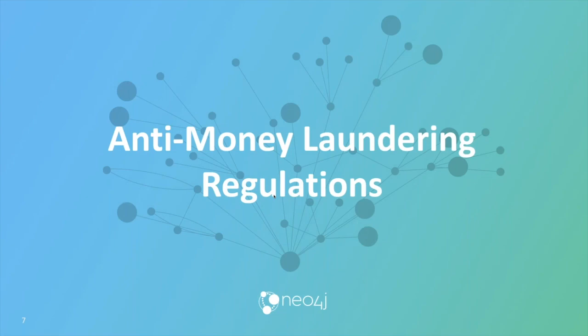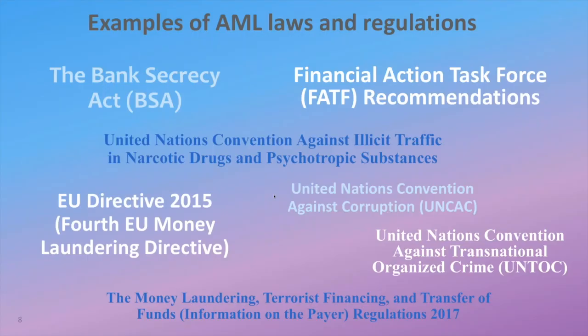So we'll take a quick look at some regulations. Some of them are quite country specific, like the Bank Secrecy Act, which is a U.S. law. Each individual country has their own anti-money laundering laws, but there are also some global regulations.